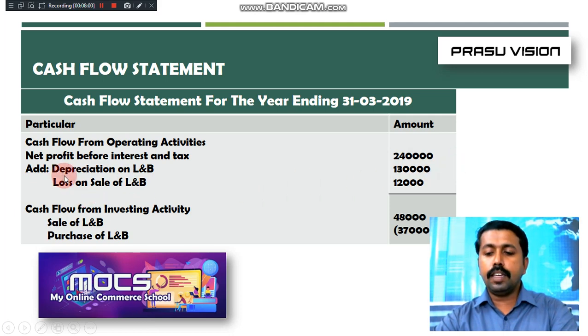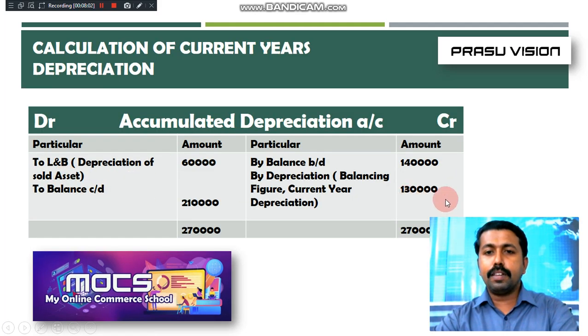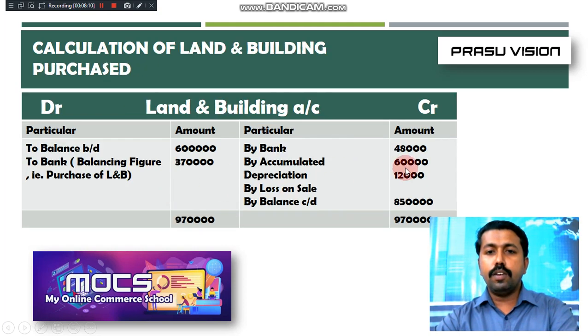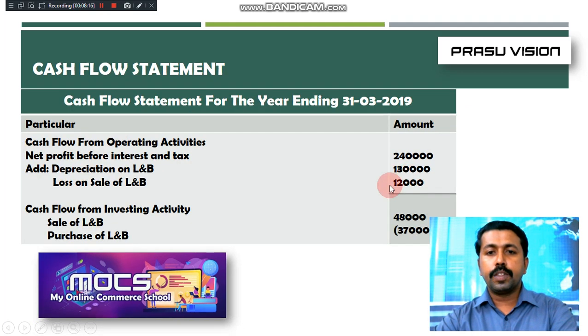One, the depreciation of 1,30,000 under net profit before interest and tax, and the loss on sale of asset, that is 12,000. That is related to operating activity.